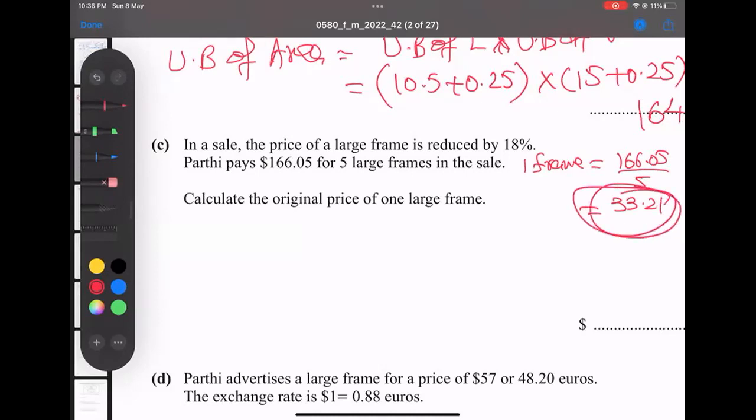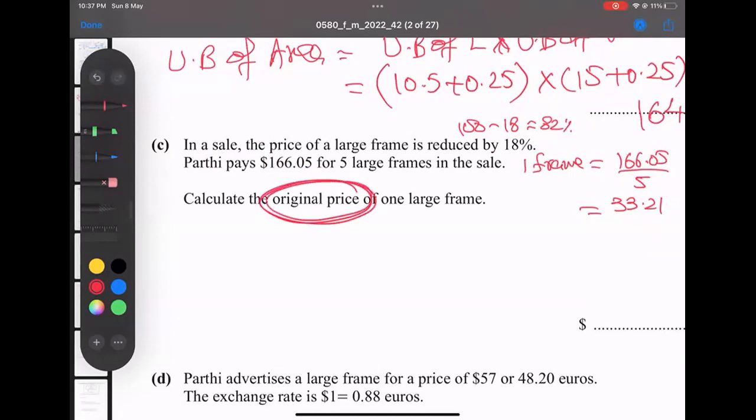So this amount, after the discount of 18%, is 82%, and I want to find the original, and we need to always put 100% for the original.